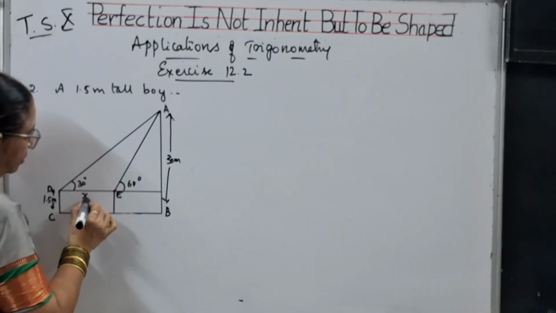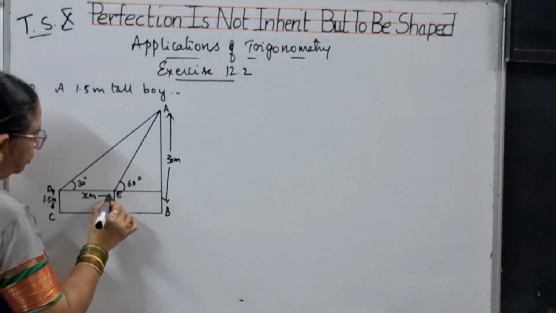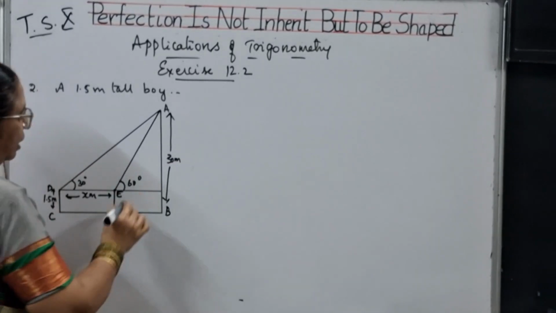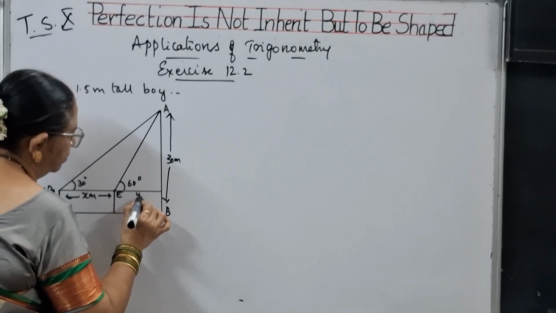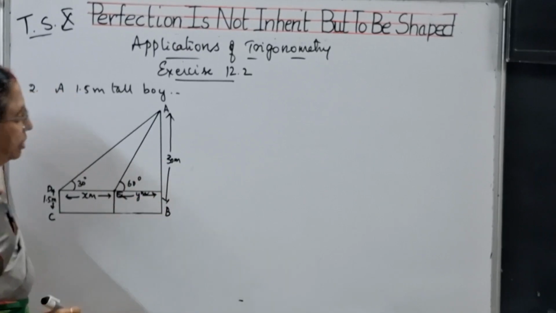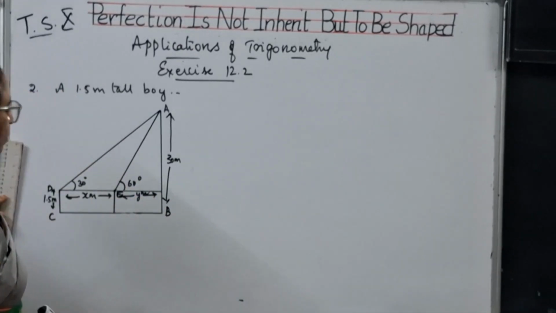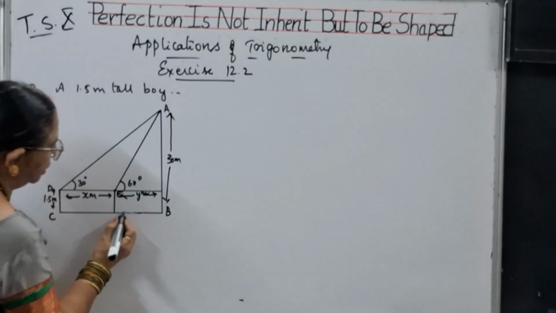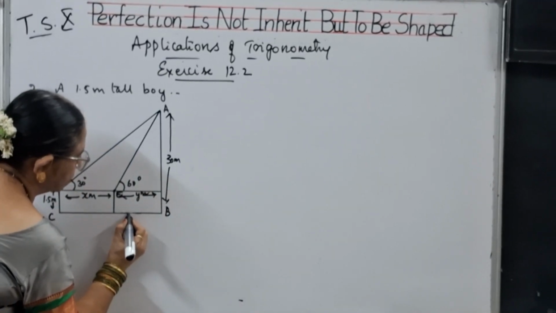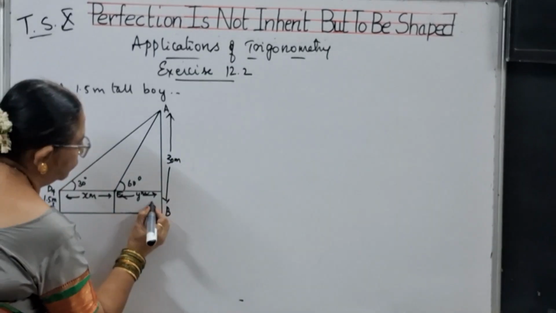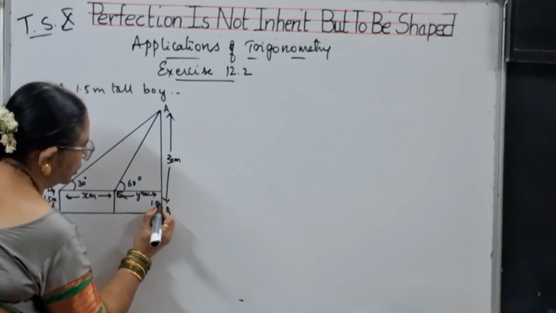Let me consider this as x meters that he has traveled, and let me consider this distance as y meters. Now you see, children, if the height of the person here is 1.5, then definitely this height is also 1.5 meters.